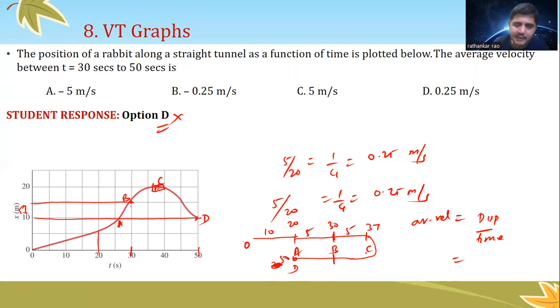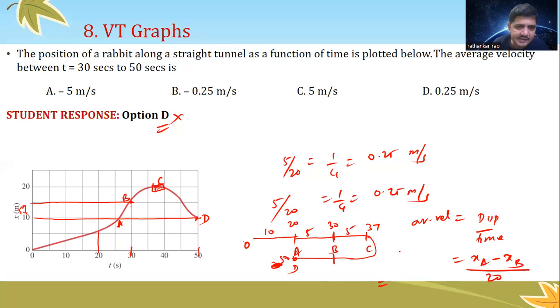What was the final position? Point A. So it should be XA minus the initial position, XB, divided by time taken, final time minus initial time, which is 20.